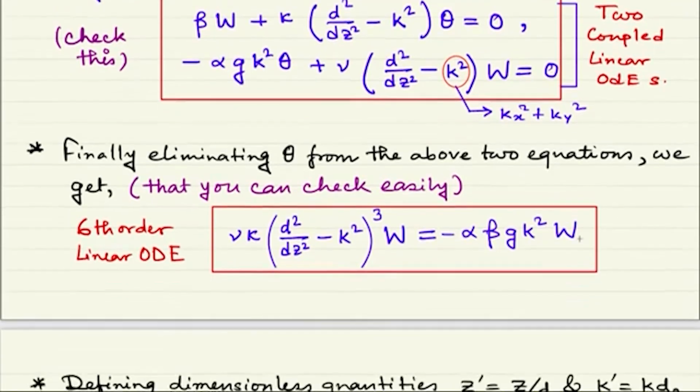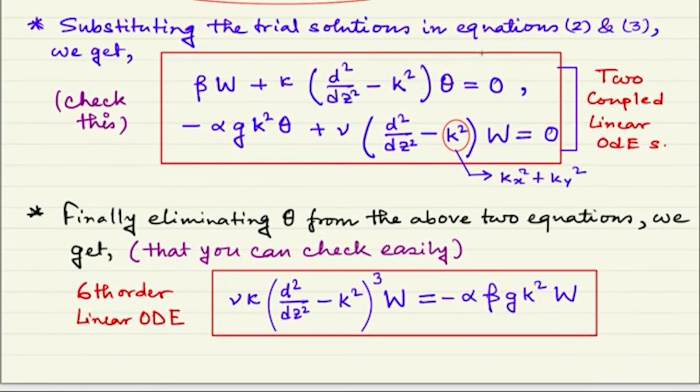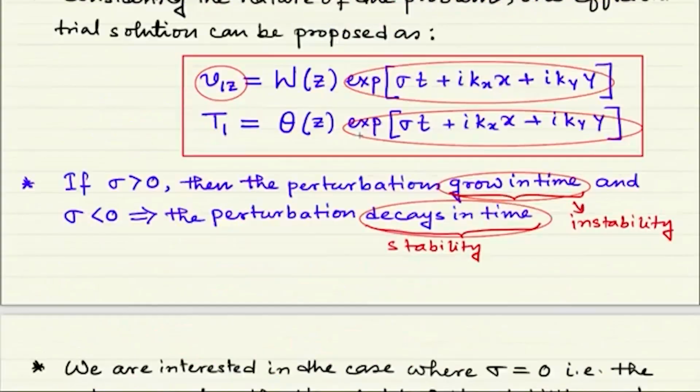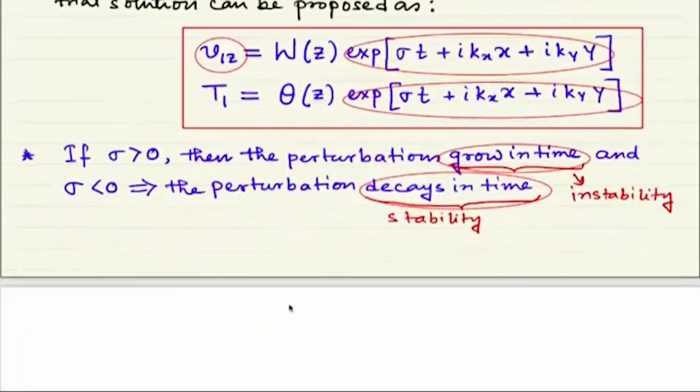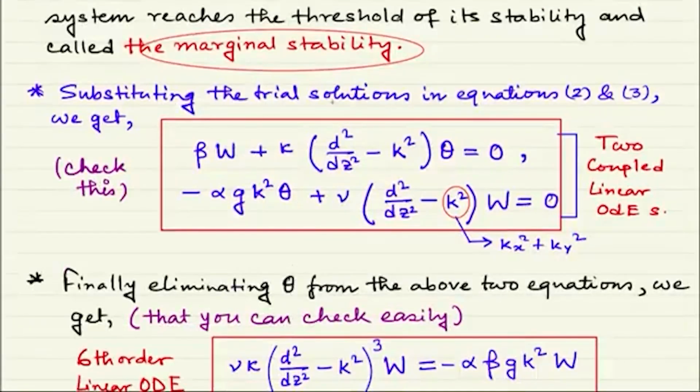So these equations with W and capital Theta constitute a system of two coupled linear ODEs. Please check how to get these equations just by replacing those solutions. This is a very simple and elegant home task.